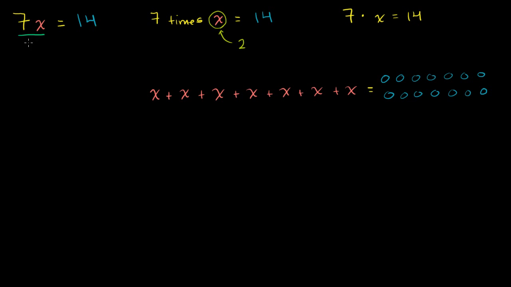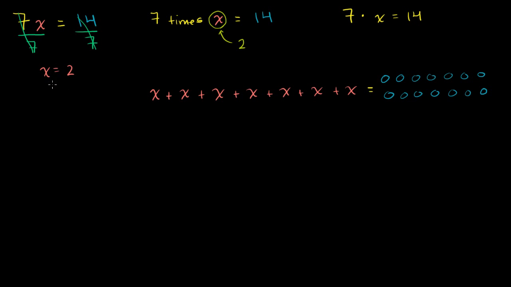So if you divide both sides by 7, what do you get? 7 times something divided by 7 is just going to be that original something. The 7s cancel out. And 14 divided by 7 is 2. So your solution is going to be x is equal to 2.